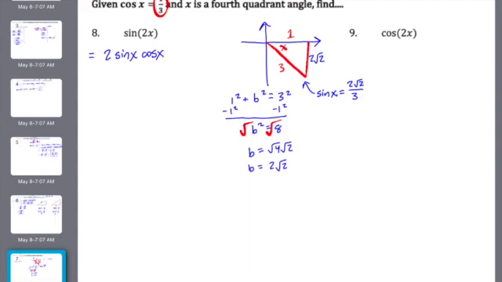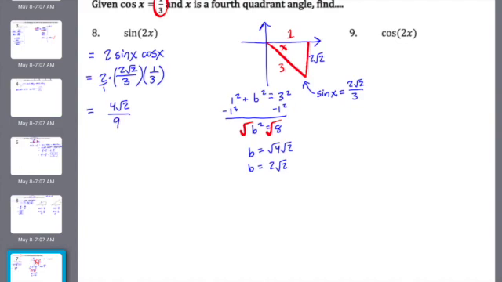Well, we just figured out that sine x equals this. So I'm going to say this is 2 times 2 root 2 over 3. And then we know what cosine x equals. That was given. That was just 1/3. All right, so now we can just put this 2 over 1, multiply all the numerators together, and we get 4 root 2 over 9.